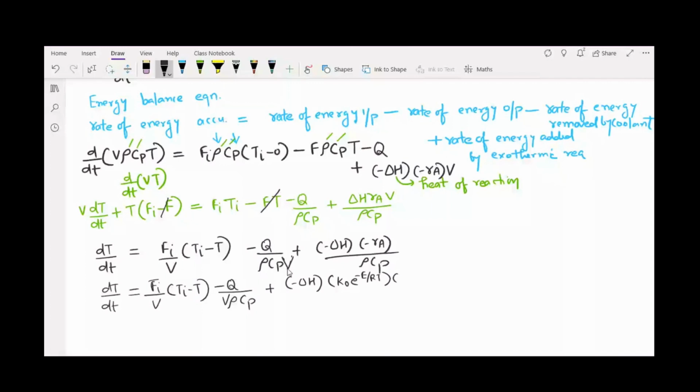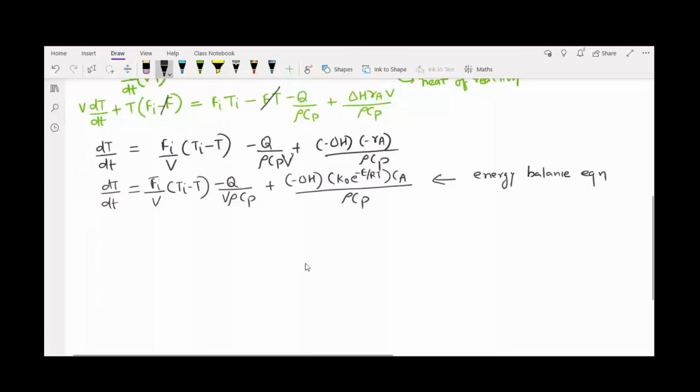So this is the final energy balance equation for CSTR. For CSTR we had three equations. The mass balance equation was in terms of volume, dV by dt. The component mass balance equation was in terms of Ca, dCA by dt, and the energy balance equation was in terms of temperature, dT by dt.